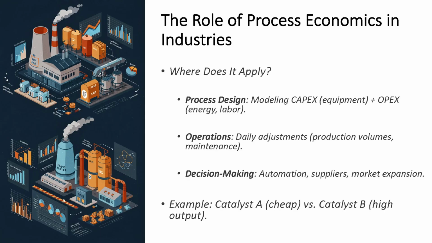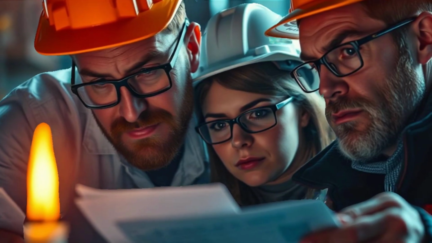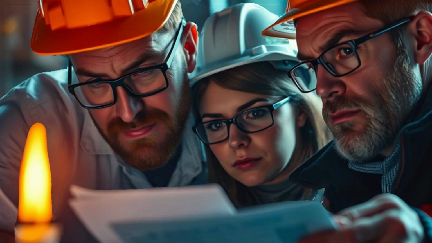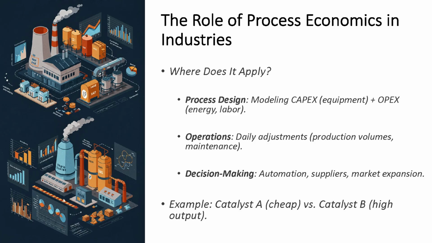Now, where does process economics apply? Let's break it down into three phases. First, process design. Before breaking ground, engineers model costs. They weigh capital expenditures, CAPEX, like buying reactors or conveyor belts, against operating costs, OPEX, such as energy bills or worker wages.